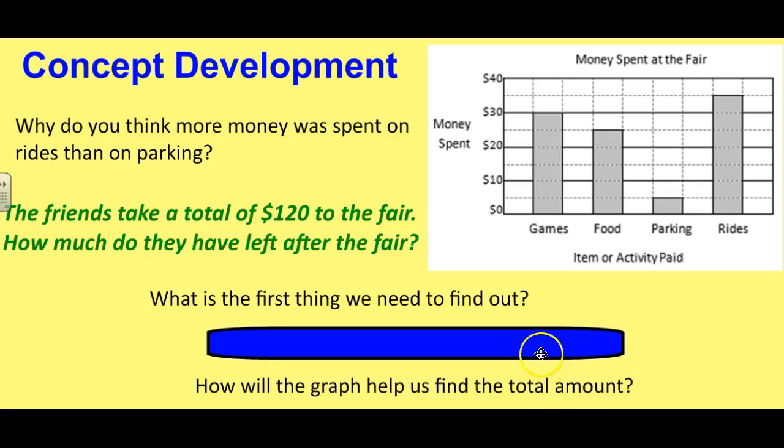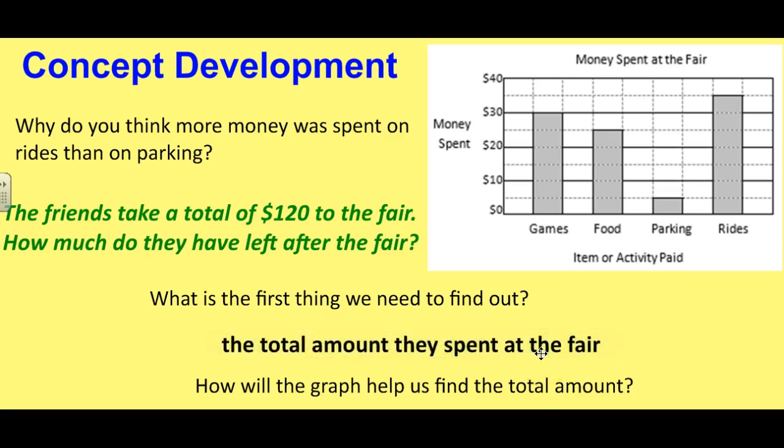So the first thing that we need to do is figure out the total amount that they spent at the fair. So on the bar graph, we can see that for games, they spent $30. So I want you to write $30 on your piece of paper. For food, they spent 25 because we're halfway between 20 and 30. We know that for parking, they spent $5.